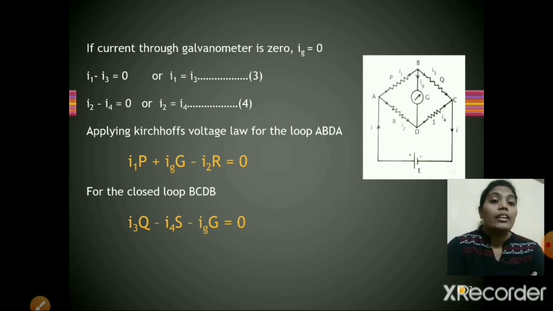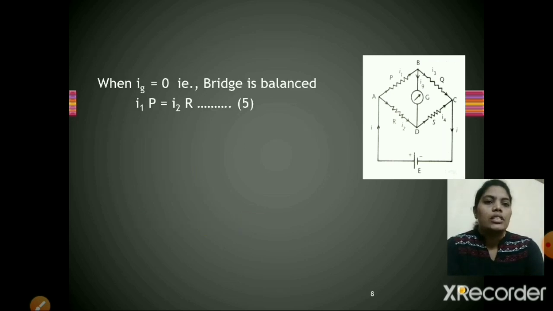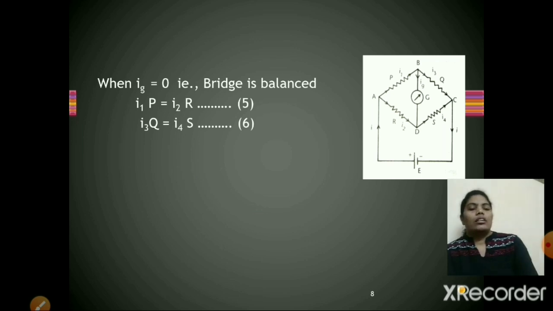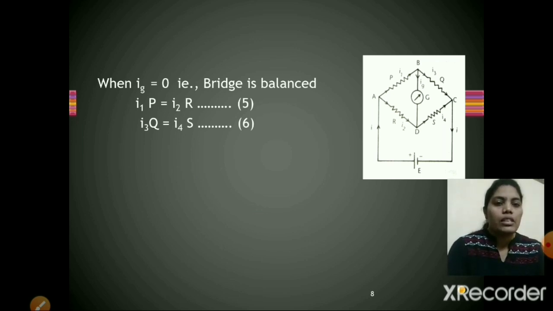Now, if the current through the galvanometer is 0, that is IG equals 0, then substituting IG as 0 in equations 1 and 2, we get I1 equals I3 and I2 equals I4. Take them as equations 3 and 4. Similarly, substituting IG as 0 in the voltage equations, we get I1P equals I2R and I3Q equals I4S. We consider them as the 5th and 6th equations.